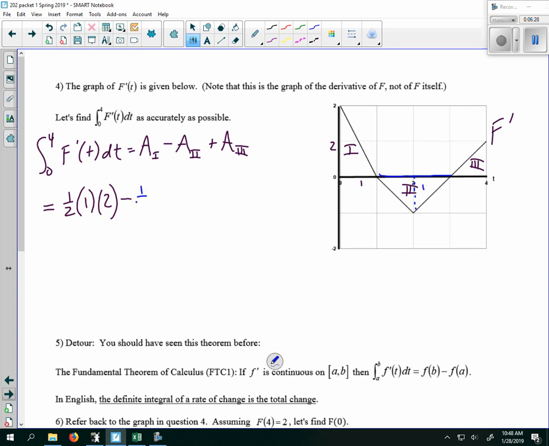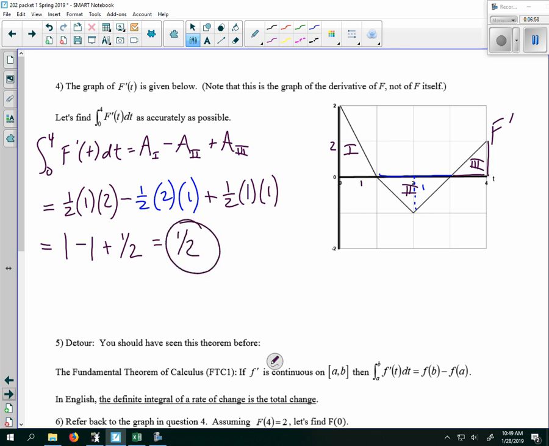So 1/2, the base is 2, the height is 1. And then plus area 3, which is a right triangle. Its base is 1 and its height is 1. 1/2 base times height. 1 times 1. So this is 1 minus 1 plus 1/2. So that's 1/2 is the value of the integral.